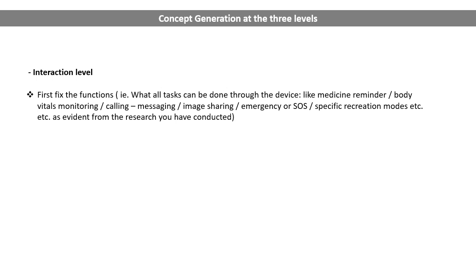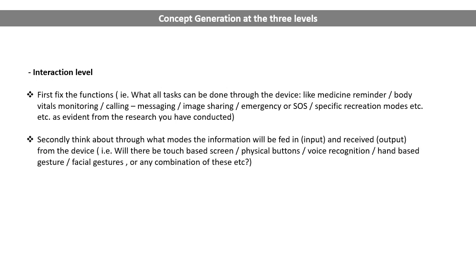You can list out those functions. Secondly, think about the modes through which information will be fed into and received from the device, so basically the input and output modalities involved.